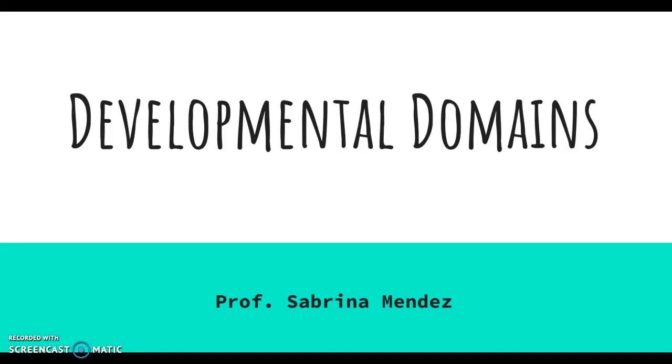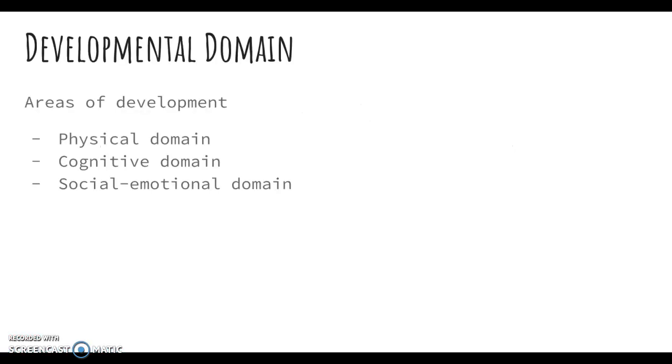In this video, I will be talking about developmental domains. When we think about development, we also break it down into areas of development. So a developmental domain refers to the areas of development.